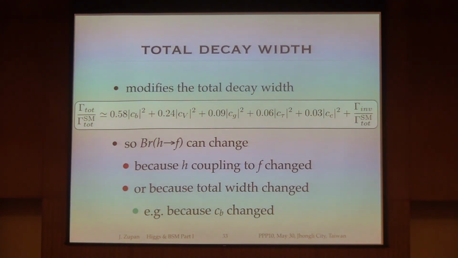If you change the total width, effectively you will change all the other branching ratios by the same amount. To get a branching ratio, you divide by the total width. If the total width is smaller, the other branching ratios will be bigger. So if you change any of these couplings, it will also change the total width. For instance, as I said, the CB has the largest weight.